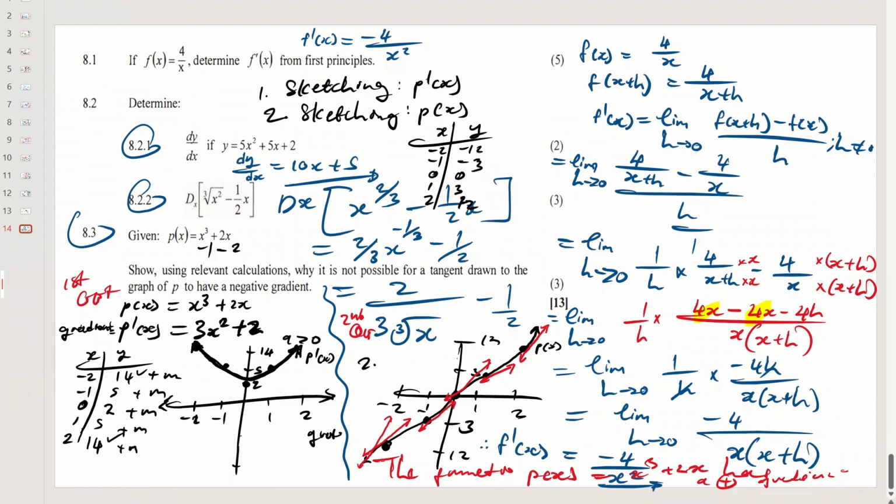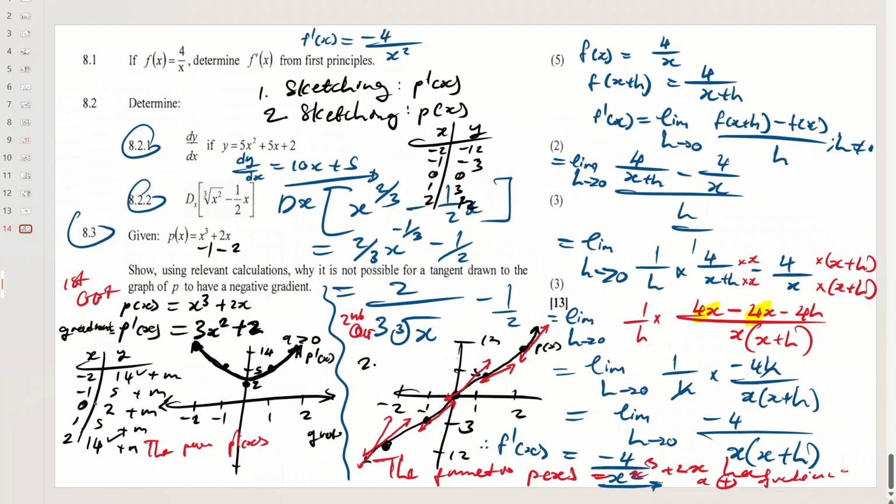A negative gradient. And then this one you can say the gradient, or the function, okay, you can say the function p prime of x, which is the gradient of the original function.